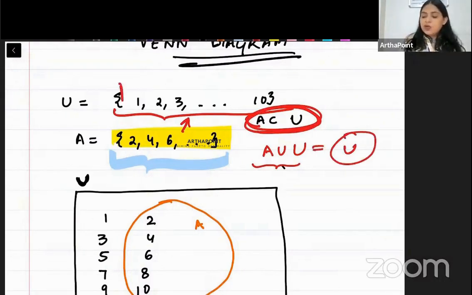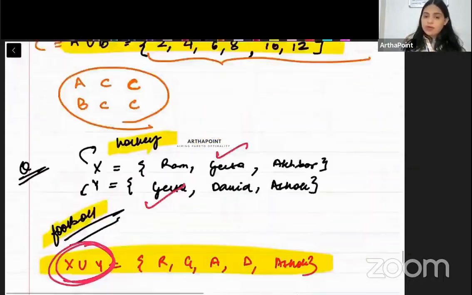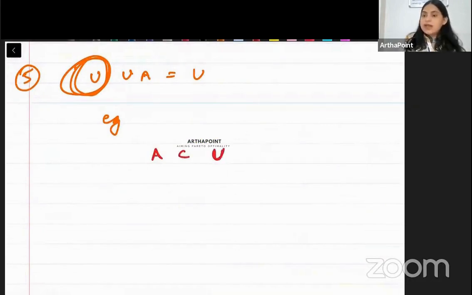I will, if I just write 1 to 10, A के तो सारे elements include हो ही गए, unique elements हमारे पास सारे आ चुके हैं। So this is actually a new property which I want to state, that beta whenever one is a subset of the other, then when you will find the union, then you will always get the bigger set. Are you getting it?